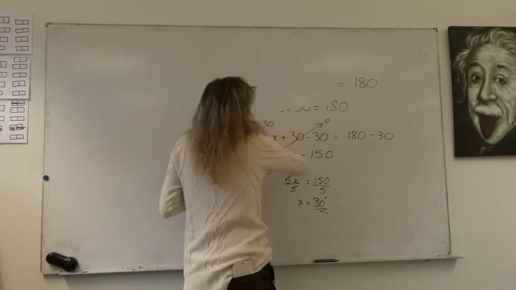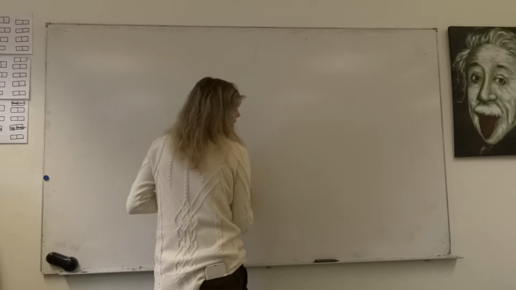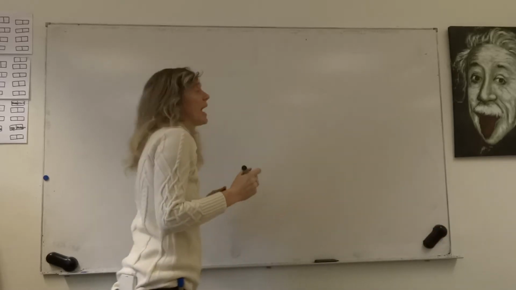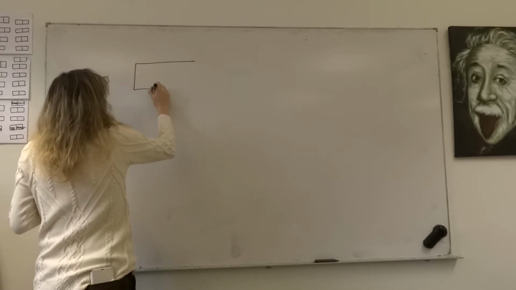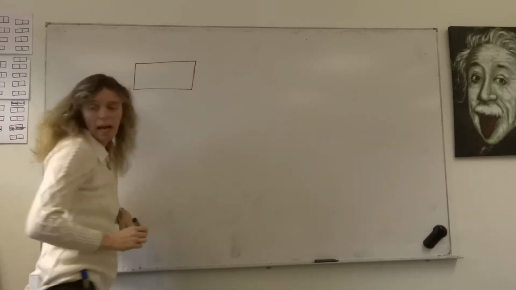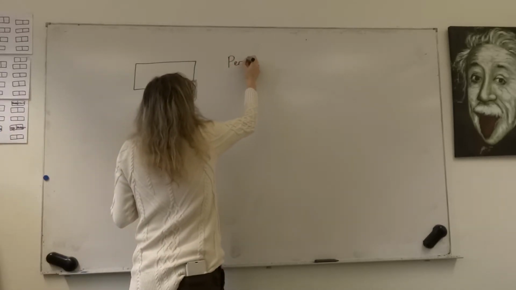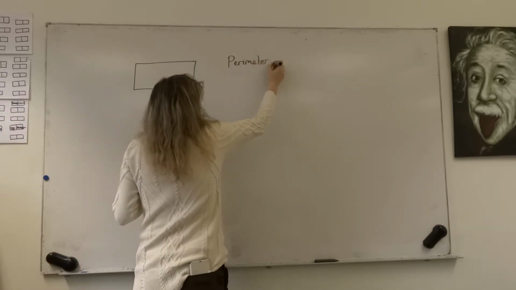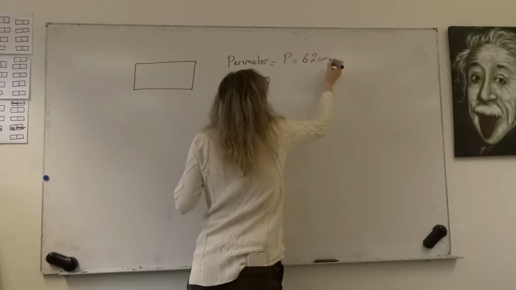Then we had a question where you are given a rectangle. And they told you that the perimeter, which we'll call P, is 62 centimeters.